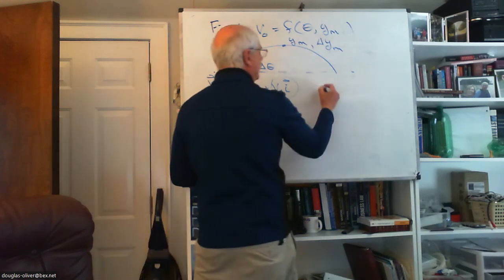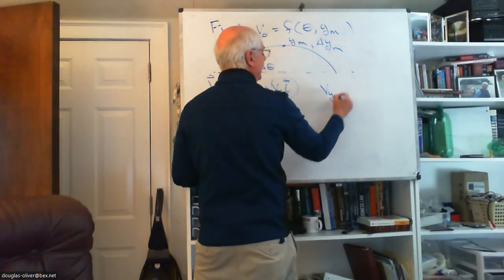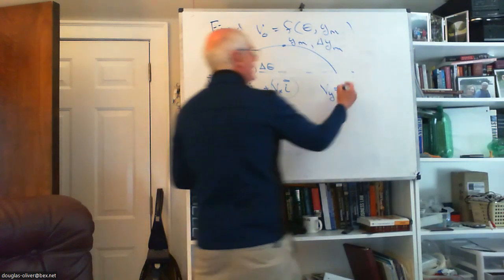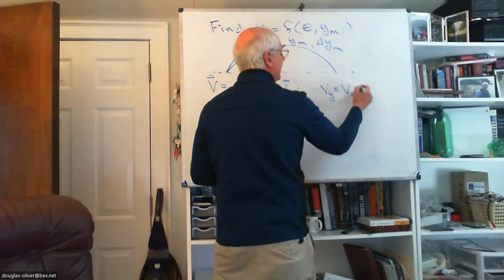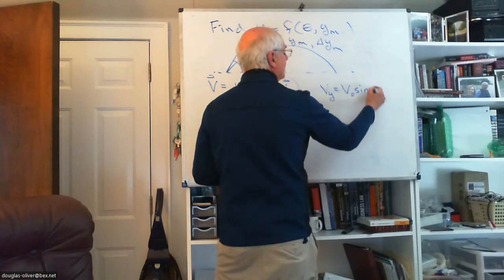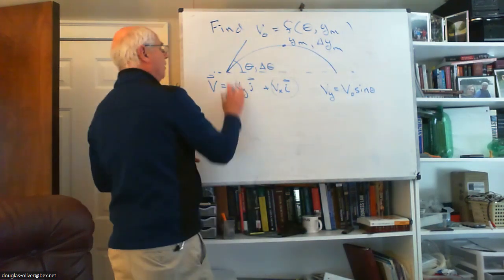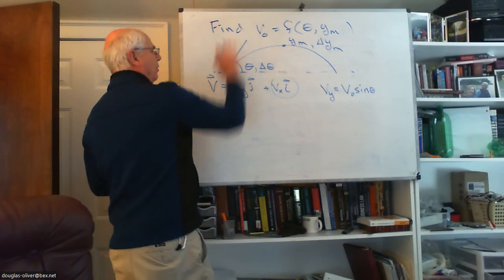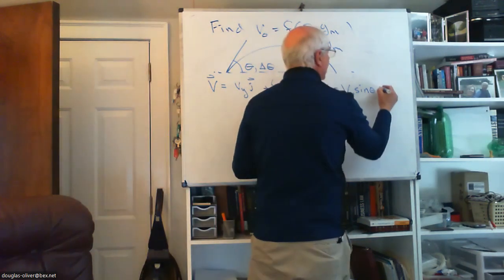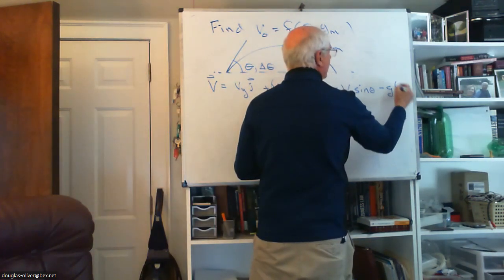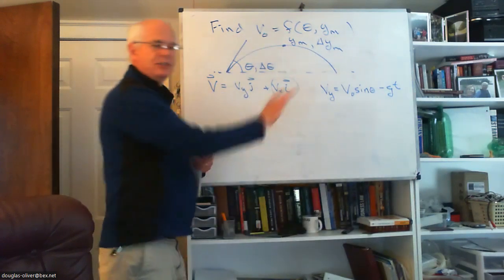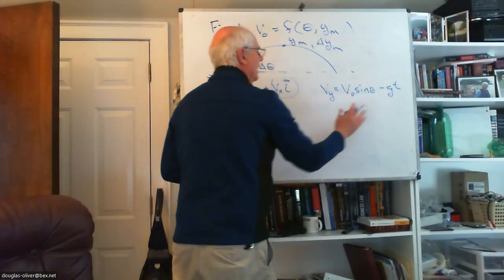We know from physics that Vy is equal to the initial velocity times sine theta, because that's the component going upwards, minus gt. That's just from physics.